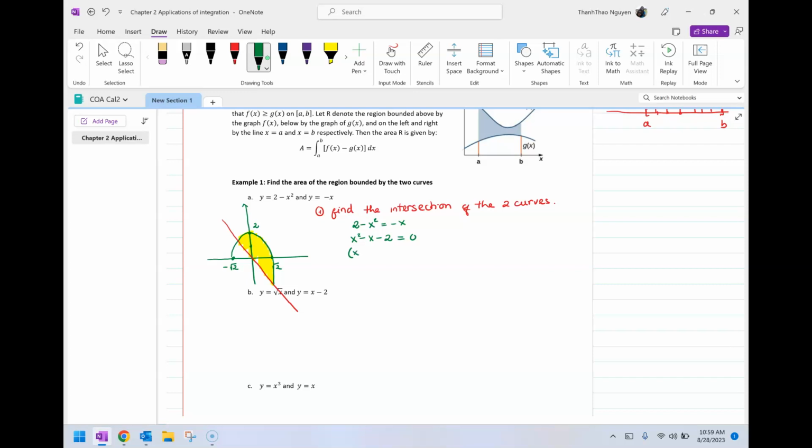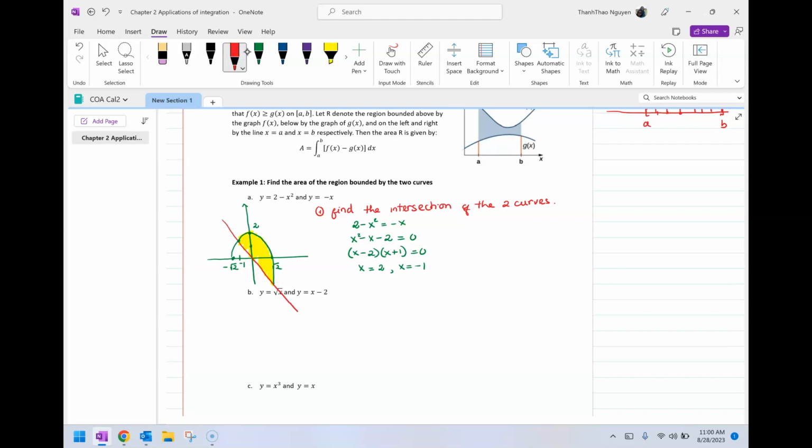We can factor this: x minus 2 times x plus 1 equals 0. So x equals 2 and x equals negative 1. So the two intersections of the curves are here at x equals negative 1 and here at x equals 2.